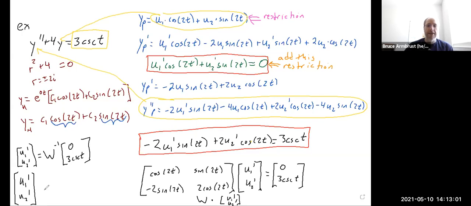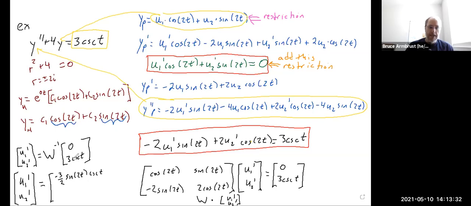It turns out that the determinant of this matrix is just 2. It's kind of nice. So when you do the whole swap and all that kind of stuff, anyway, when you end up doing this multiplication, you end up with u1 prime equaling, the top here is going to be minus 3/2 sine of 2t cosecant of t.